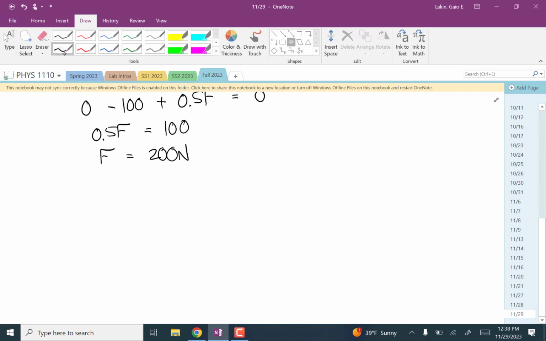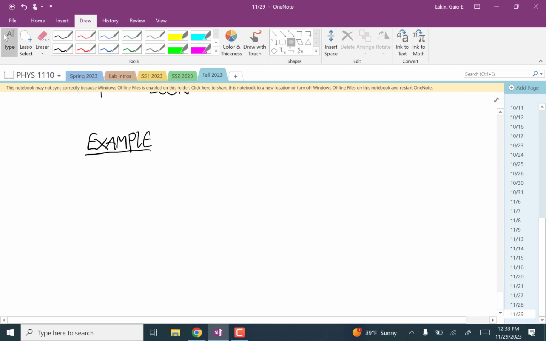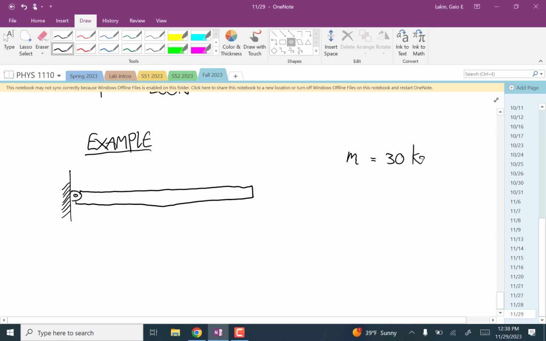Okay, let's do one like that. So let's say we have a hinge connected to the wall. And the mass of this thing is 30 kilograms. The length is 3 meters.